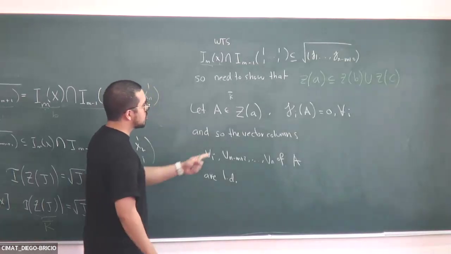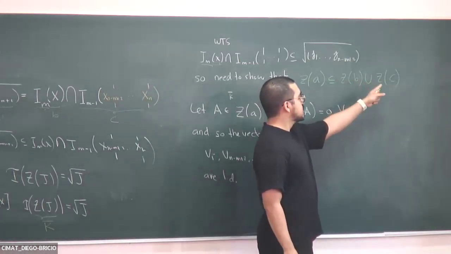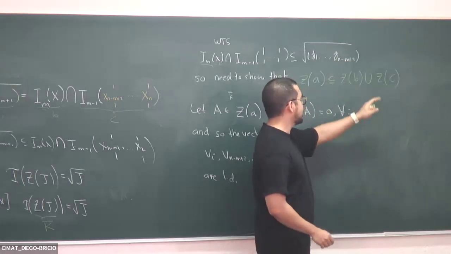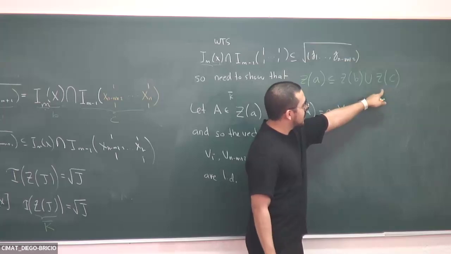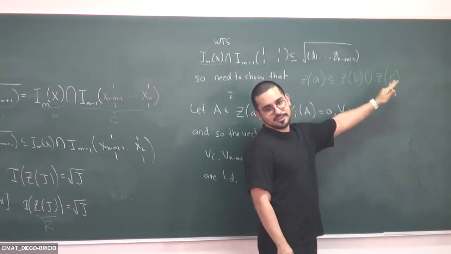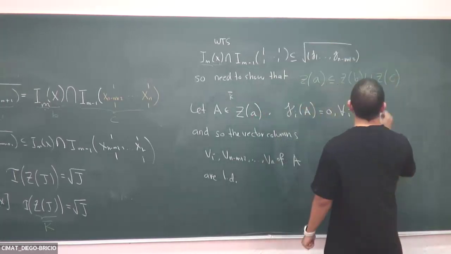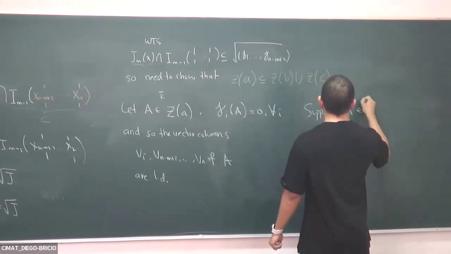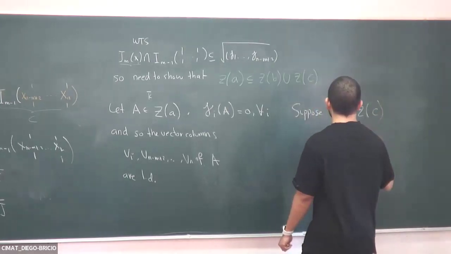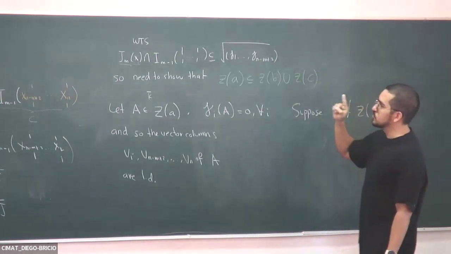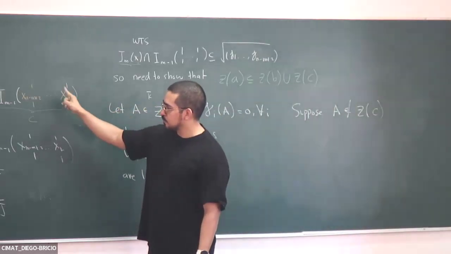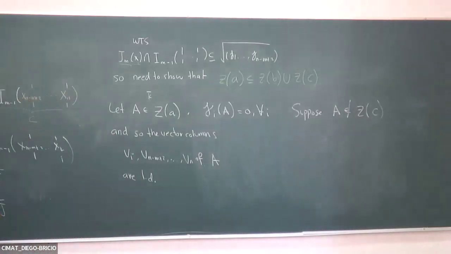Okay. So we want to show that this is contained in here. This is the standard thing. If it were inside here, we are done. So suppose that it is not inside here. So C was this guy, the ideal of the minors of the last rows, columns.